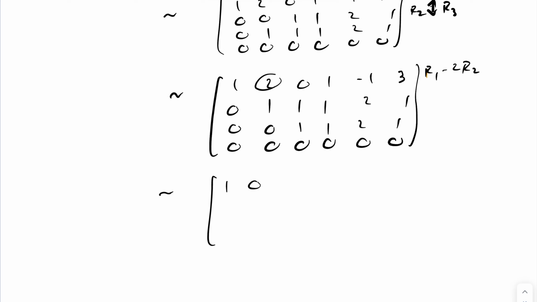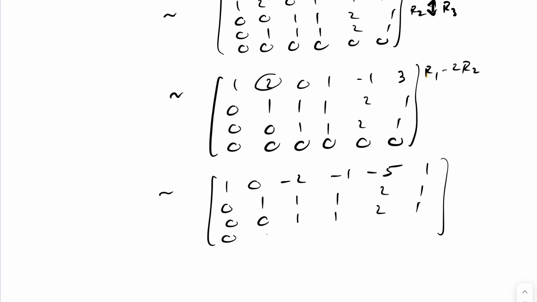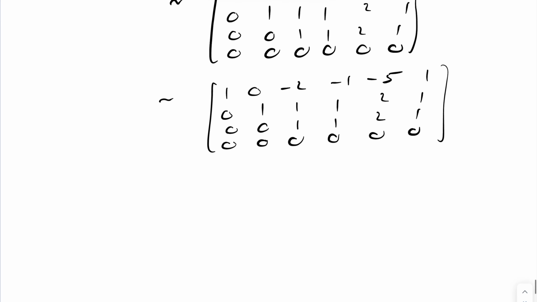This will be 0, this will be minus 2, this will be minus 1, this will be minus 5, and the last entry here will be a 1. And like we discussed, not touching this row or the next one, and we have zeros going all the way down. So I've got these two zeros here.